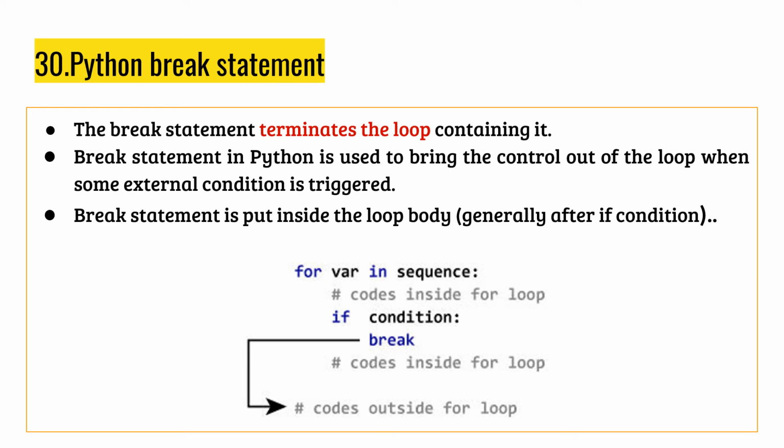For example, I design a loop like for i in range 0 to 100. It works 100 times. i starts from 0 and goes to 99, not to 100. So 0 to 99, 100 times the loop is going to execute.